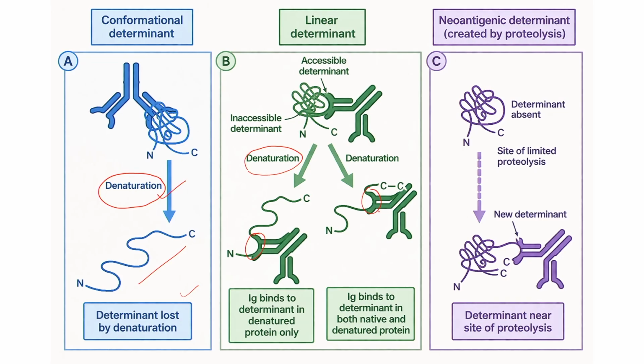So, the structures present on the linear epitopes are always identified intact by the immunoglobulins or the antibodies, as compared to the conformational epitopes. While in conformational epitopes, we can see that the epitopic structures are completely destroyed. While in linear epitopes, even though denaturation happens, the structures are intact.